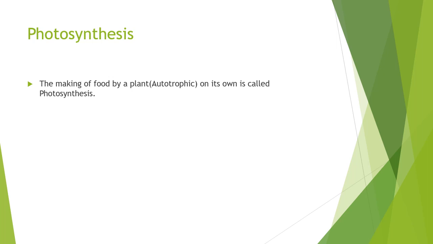Remember, the leaf should be green, and it takes place in the presence of sunlight and chlorophyll. It takes in carbon dioxide and water and produces glucose and oxygen.